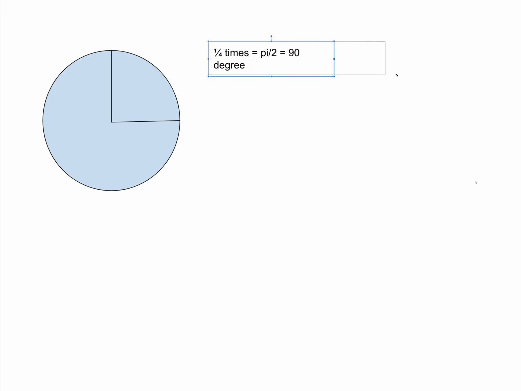And suppose you are not satisfied with degree and you want to convert it into minutes and seconds, you can also do that. A minute is basically when you divide a degree by 60. Suppose 1 degree is already very small, so 1 degree will be this kind of angle.